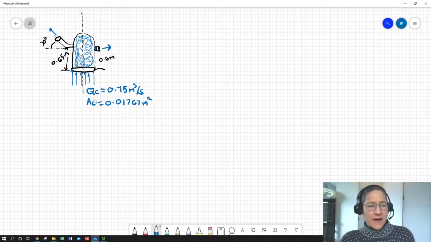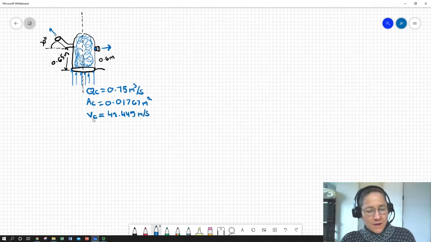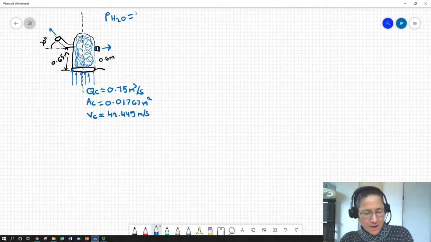From that we can get both a velocity of the water at C of 42.445 meters per second, and we can get a mass flow rate if we add the density of water as 1,000 kilograms per meter cubed.